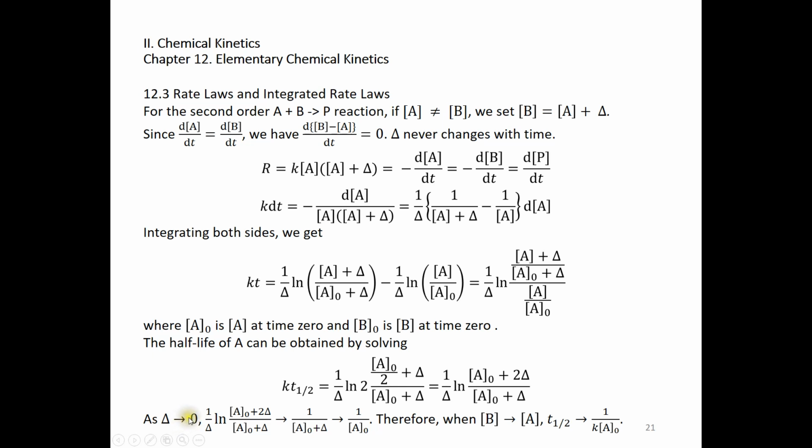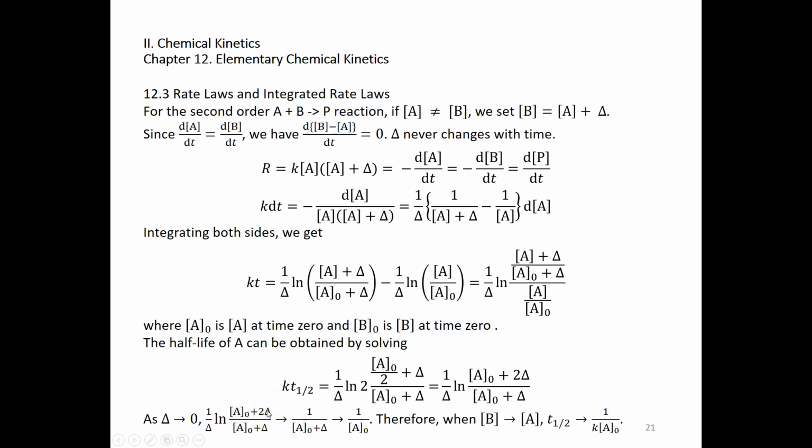When delta approaches 0, actually we need to know a little bit about Taylor expansion. So this approaches this. If you know how to do Taylor expansion, the Taylor expansion tells us the logarithm of 1 plus delta is roughly delta, if delta is small. When I say delta, that means a very small number, not this delta.